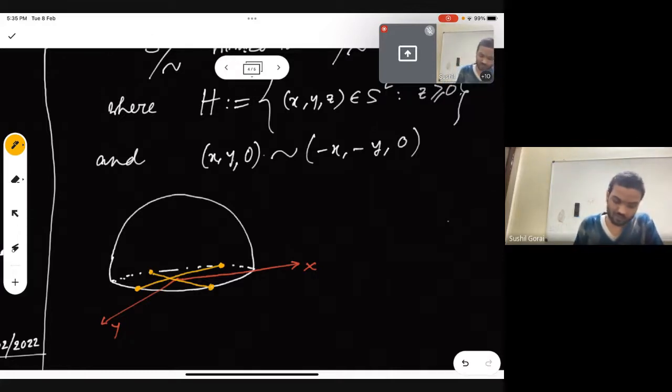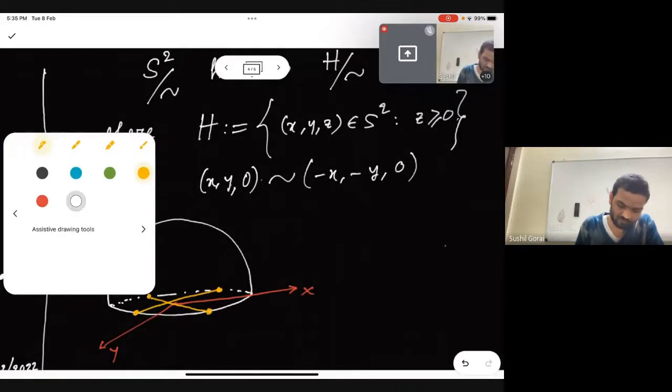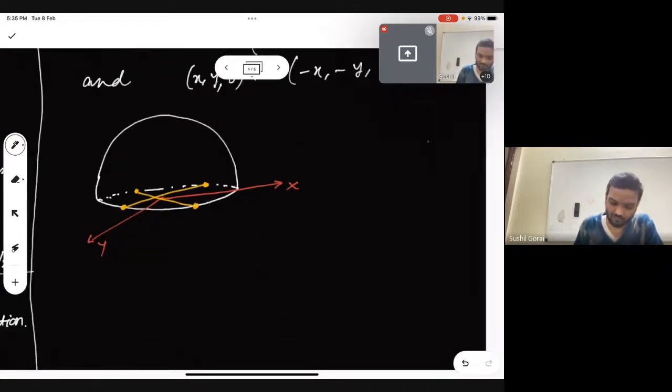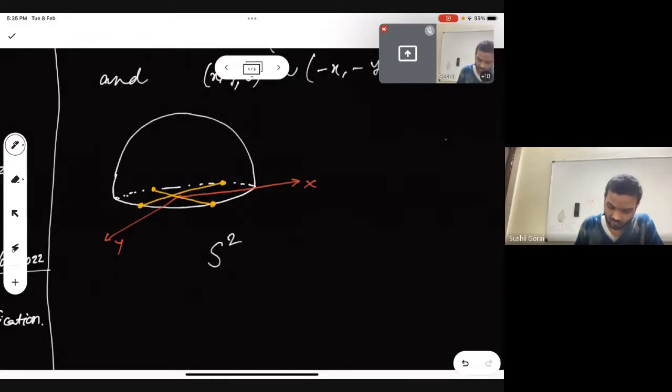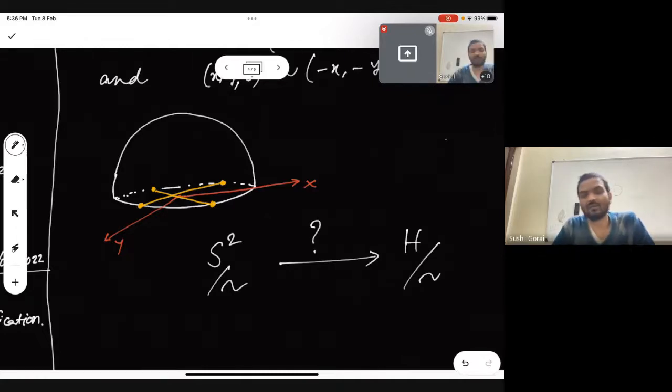So this is the identification. What will be this map? By homeomorphism, you need to define a map from S2 quotiented with this to H quotiented with this. So what is this map? Can you give any answer?